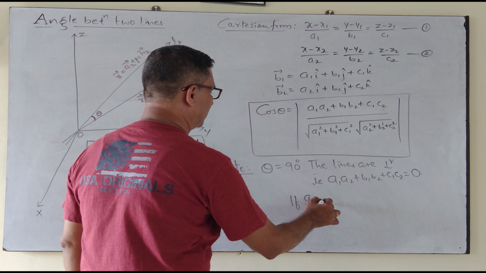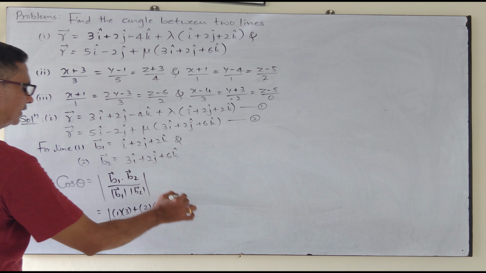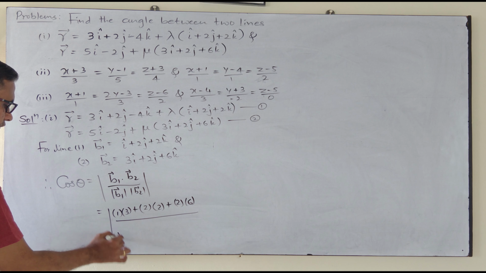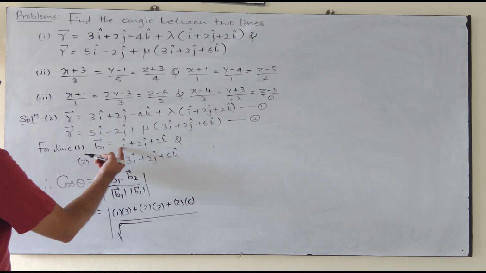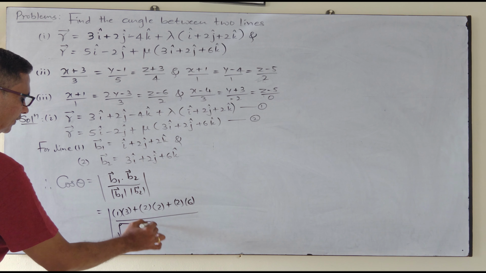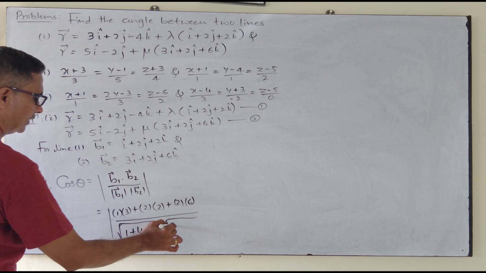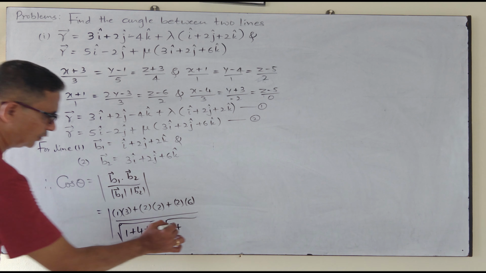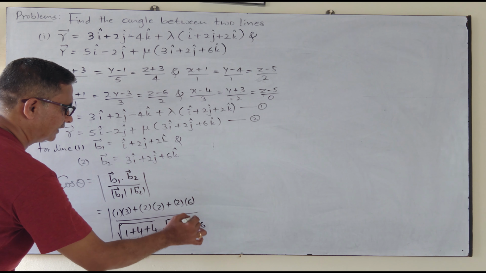Here b1 dot b2, by the definition of dot product, means multiplying the corresponding coefficients: coefficient of i is 1 in b1 and 3 in b2, then b1 b2 coefficient of j, 2 in b1 and 2 in b2, coefficient of k is 2 in b1 and 6 in b2, divided by magnitude of b1, under root of 1 square 1, 2 square 4, 2 square 4, into magnitude of b2, 3 square 9, 2 square 4, 6 square 36.